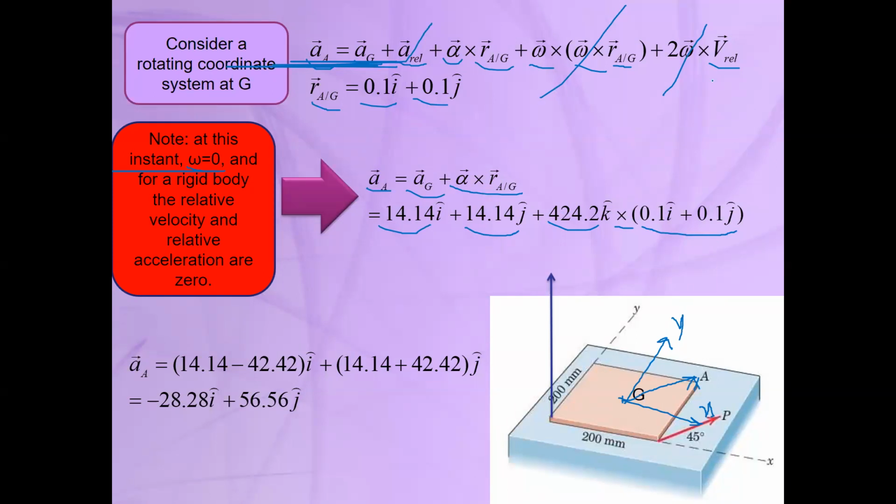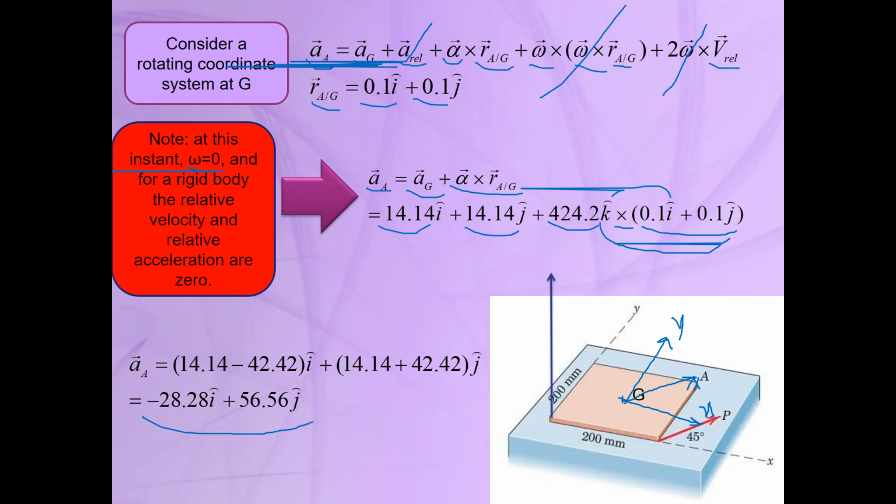We have a cross product equation. In this cross product, we have k cross i, which is j, and we have k cross j, which is minus i. So you can simplify this equation, and finally the acceleration of point A will be calculated.